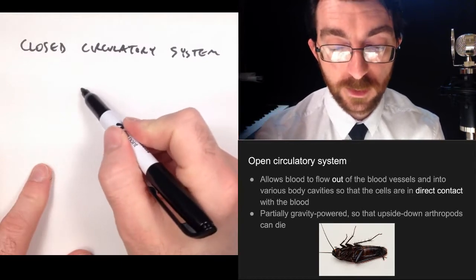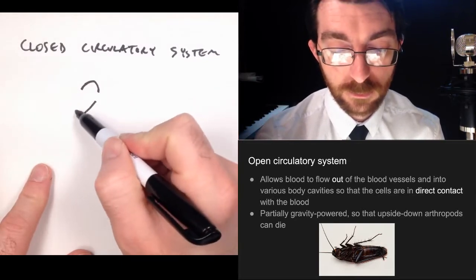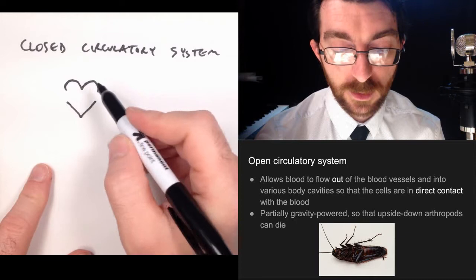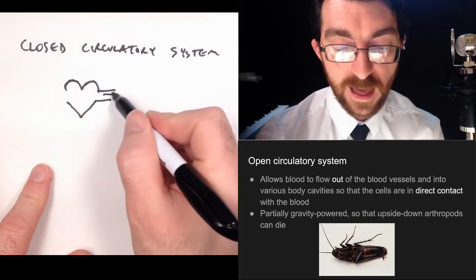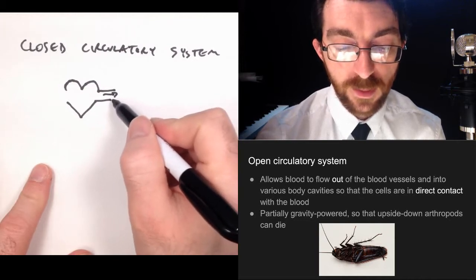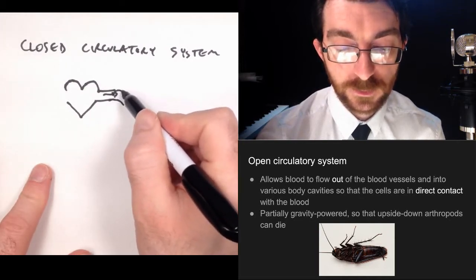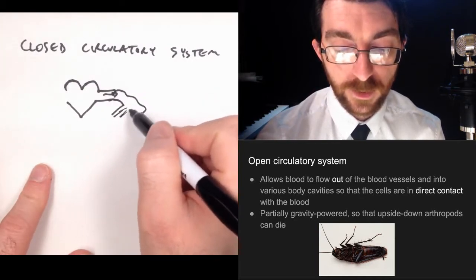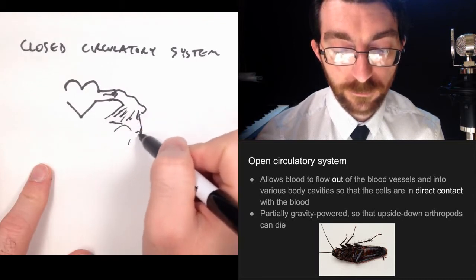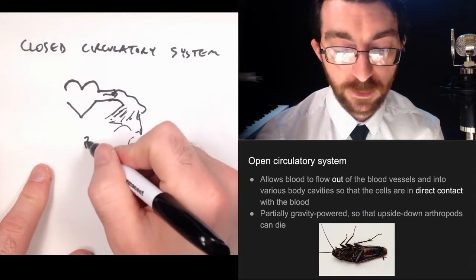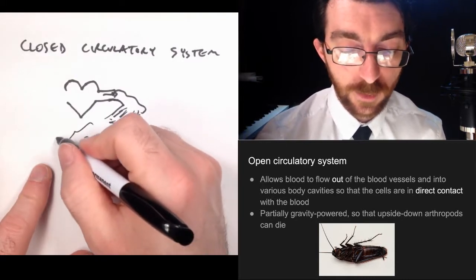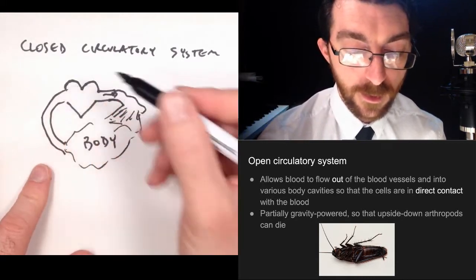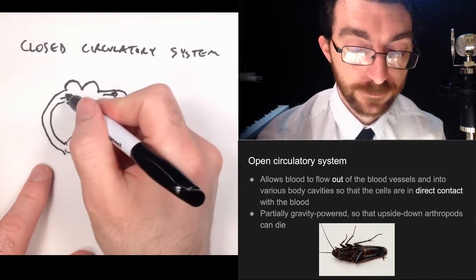So, we got like a heart. Yeah, it's a heart. And there is a path out of the heart. And then, it goes through the body and branches and so on. So here's your body here. And then it ends up coming back in.